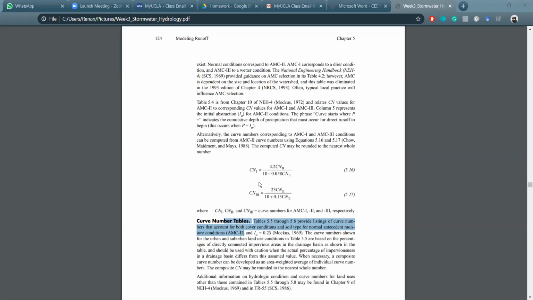If AMC is high, storage is low, and runoff is high.